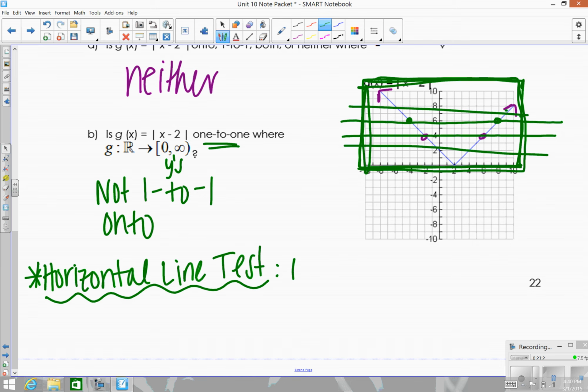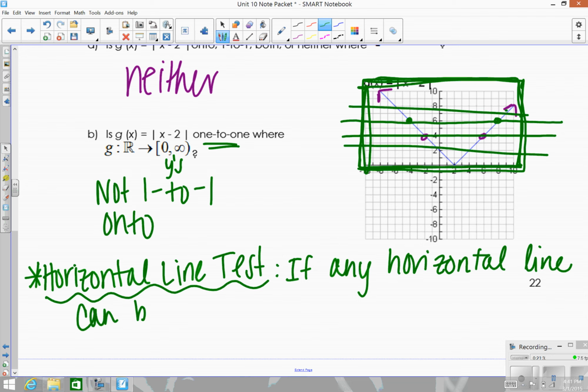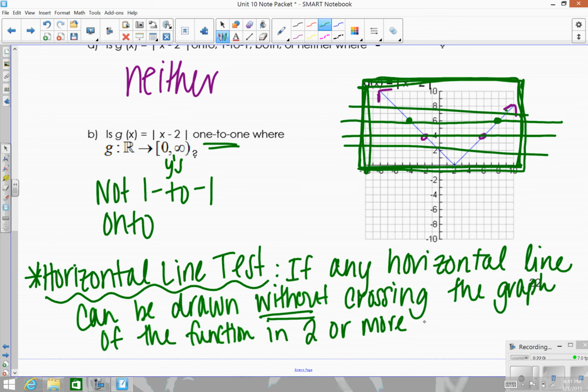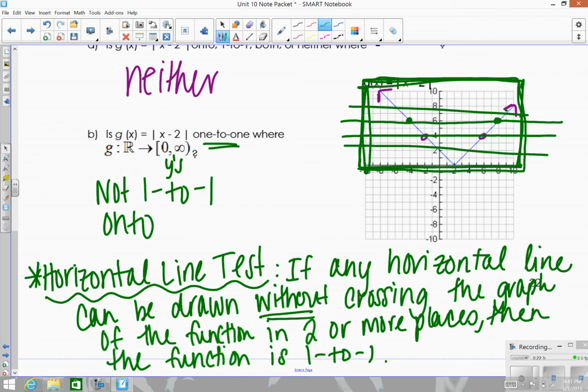So the horizontal line test says that if any horizontal line can be drawn without crossing the graph of the function in two or more places, then the function is one-to-one. So if it passes the horizontal line test, it's one-to-one.